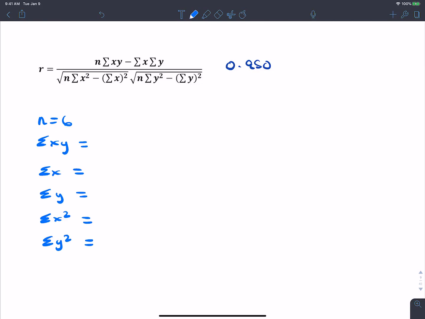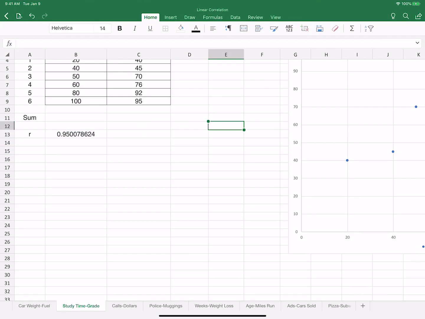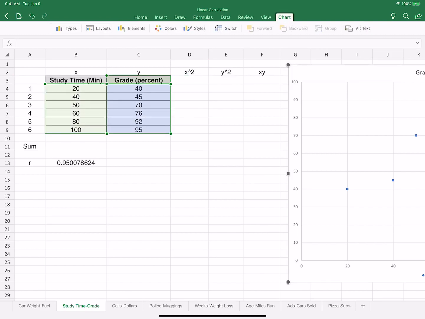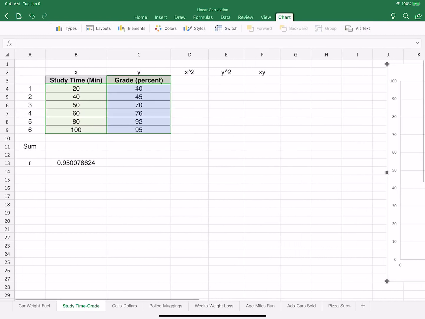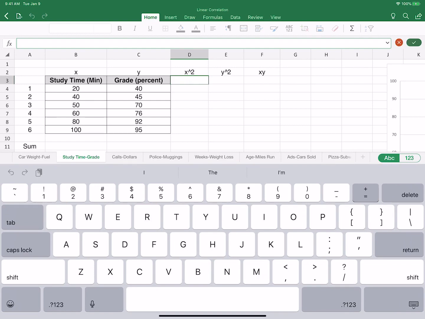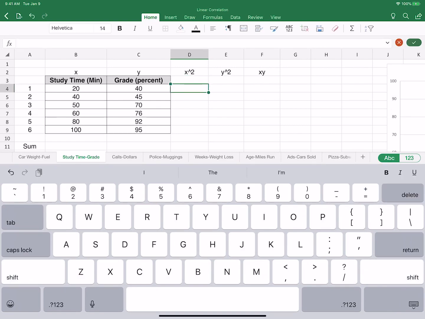So we need all of these values here. So let's go back to the original spreadsheet here. And we need to fill in these columns, don't we? Move this out of the way. So let's fill in these columns. So again, darn it, let's see what we can do here. Equals, oh, it's the wrong place, here.